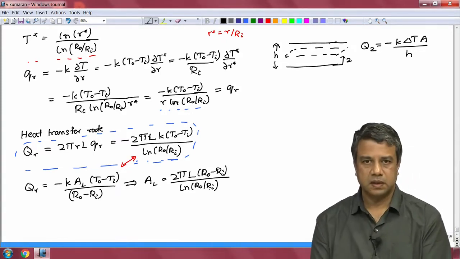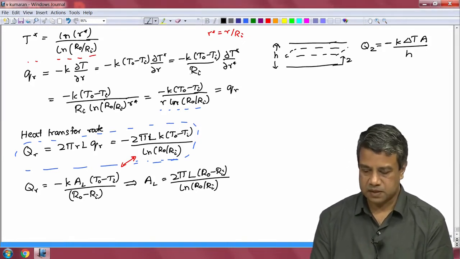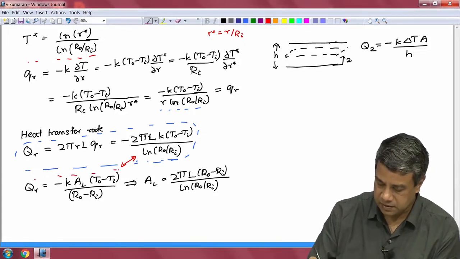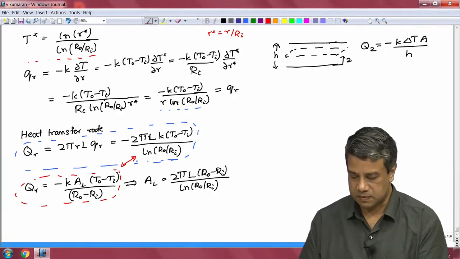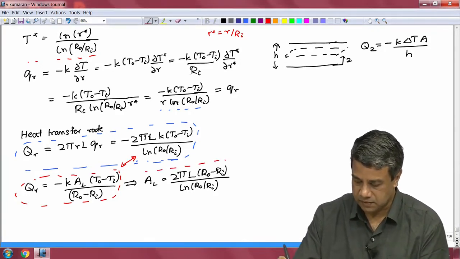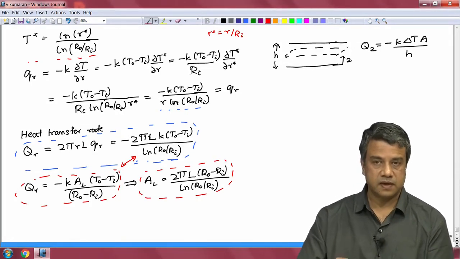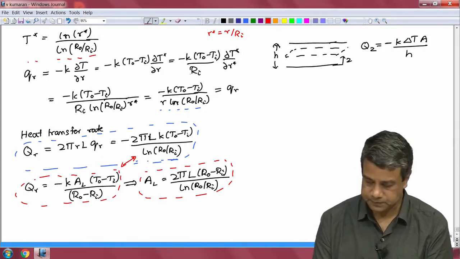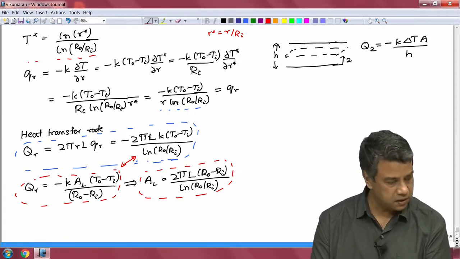If you substitute that expression for A L into an expression for the heat transfer rate similar to what you have in a Cartesian coordinate system, you get the correct result for the heat transfer rate. And this is called the logarithmic area.